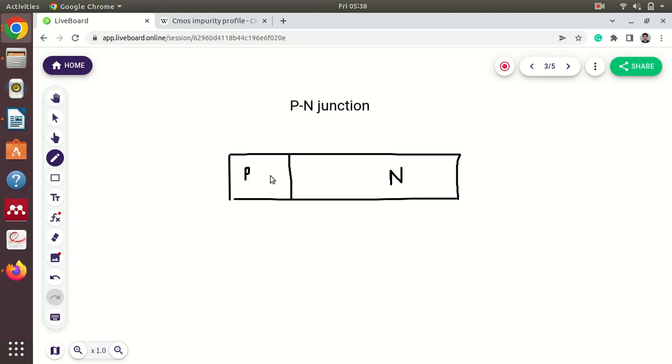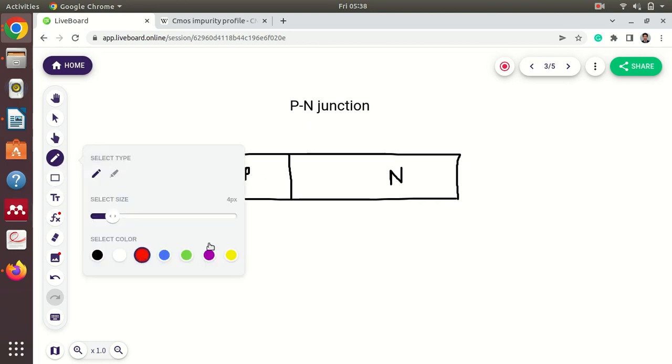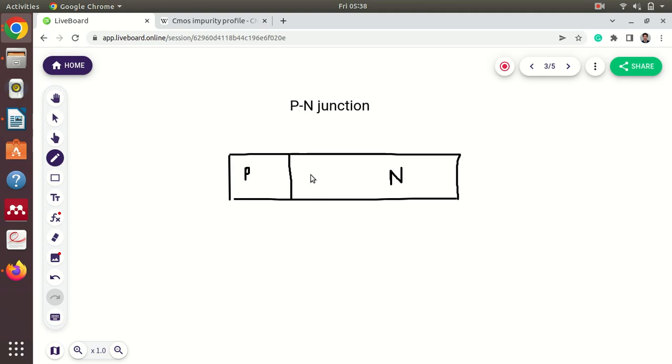Now what happens, because there are more electrons here and holes there, some electrons may cross this part. I will draw in a different color now. So the electrons will pass here, and in this region, from this black line to this red line, there were previously holes.